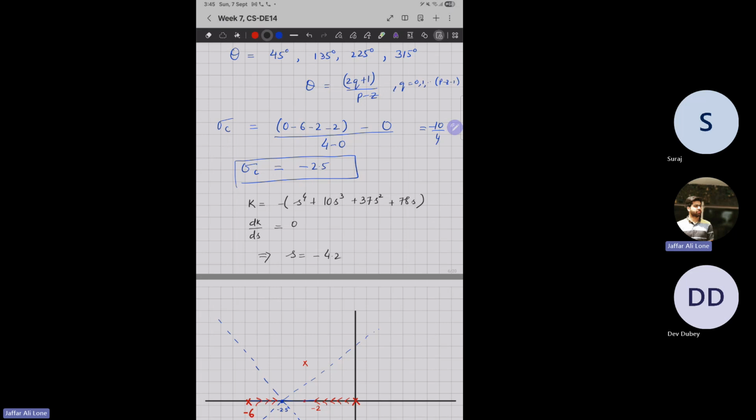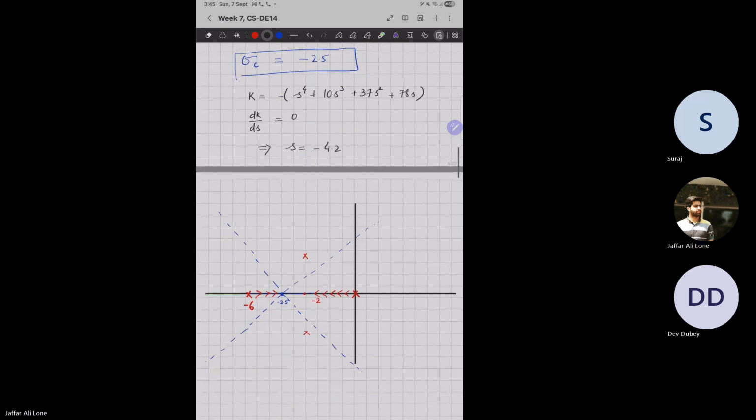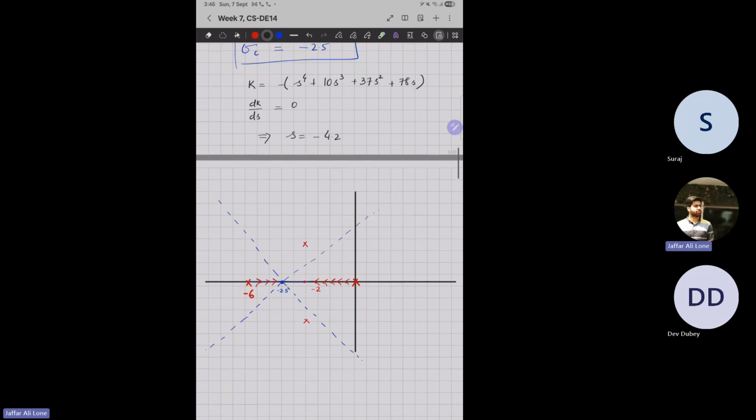The valid breakaway point is minus 4.2. I have skipped the steps. You can directly find the solution of this equation: 4s cubed plus 30s square plus 74s plus 78 equal to 0. There you will find 3 roots, out of which only minus 4.2 is a valid breakpoint, because it has to lie on the root locus.